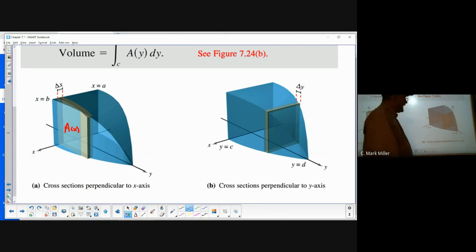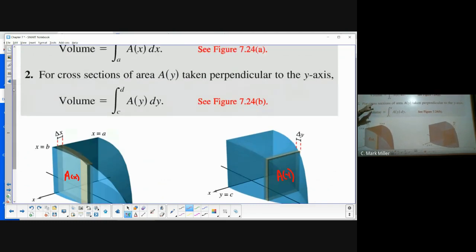Similarly, how about if you had the area this way? That would actually be A of y, going through the solid with y varying instead of x. Turns out you can just integrate those, the A of x or A of y, and that will give you the volume.